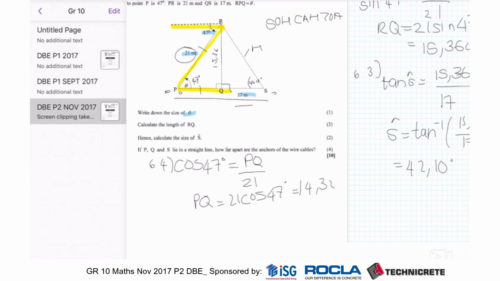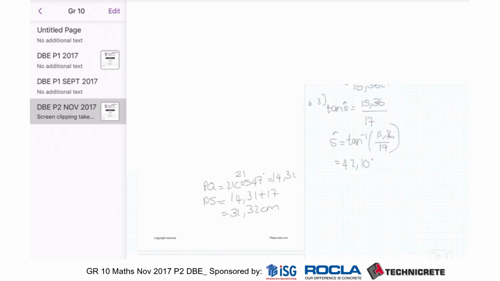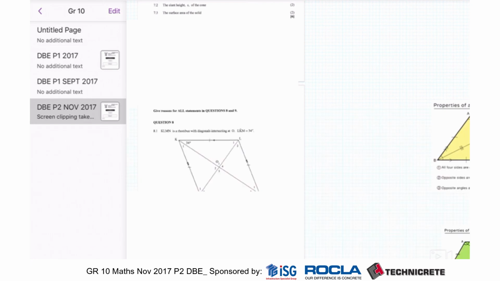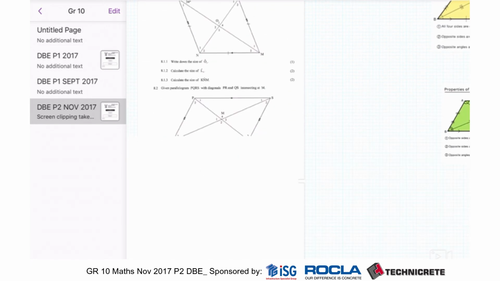So the total length is going to be PS, which is equal to 14.31 plus 17, which is equal to 31.32 centimeters. I actually think questions like this are really easy if you understand the foundations of trig really well. Okay, we're nearly done. I think we have a few more questions left.